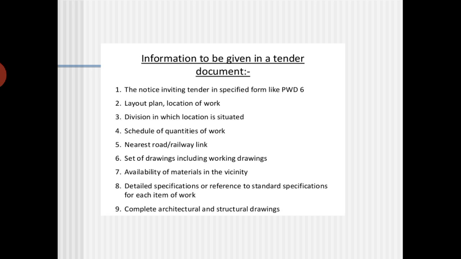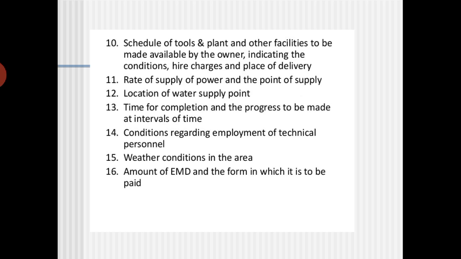Complete architecture and structural drawings also should be provided in the tender document. Schedule of tools and plants and other facilities to be made available by the owner, indicating the conditions, hire charges and place of delivery.